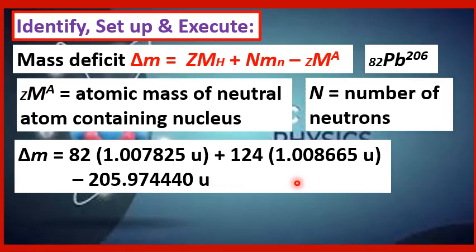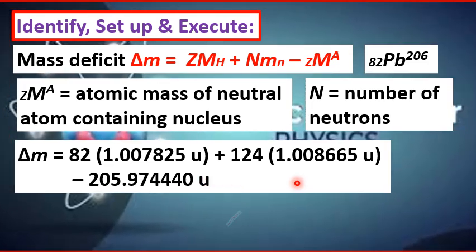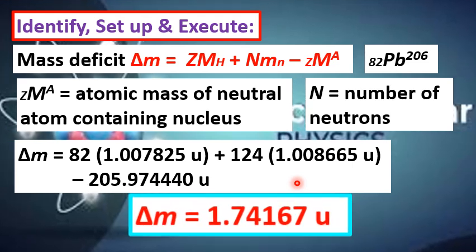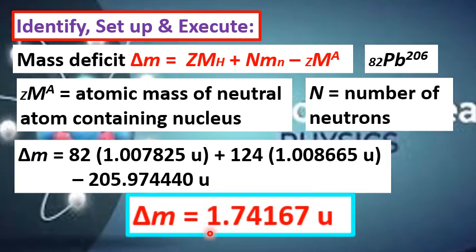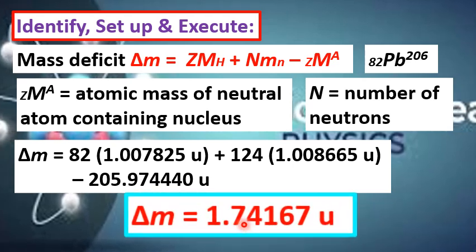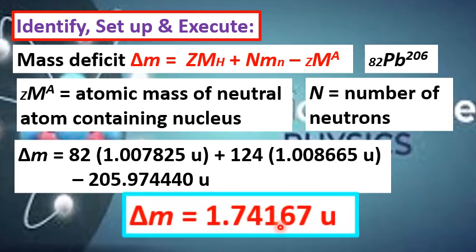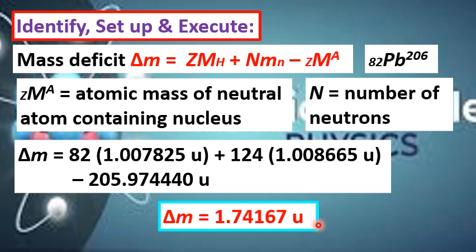So when we do our math, we get the mass deficit delta M equal to 1.74167 atomic mass unit.